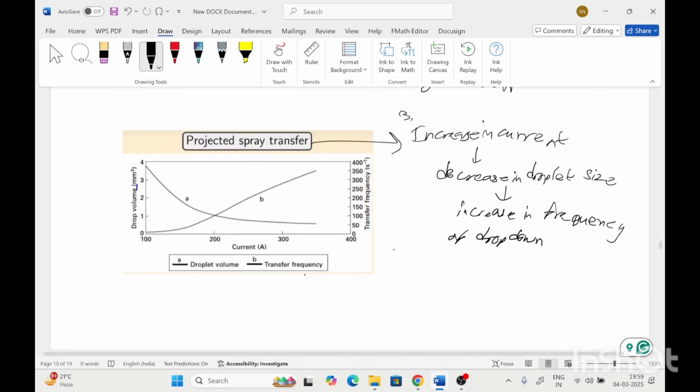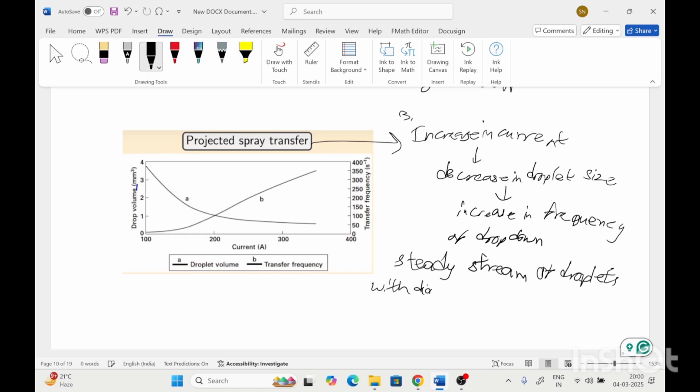So this has a steady stream of droplets, with the droplet diameter the same as the electrode wire.